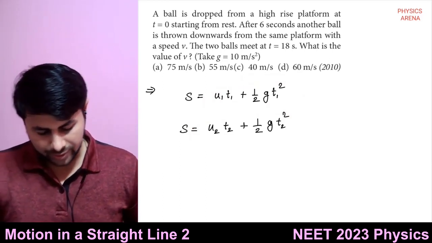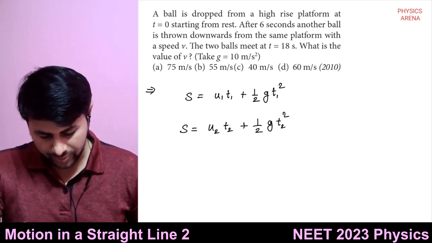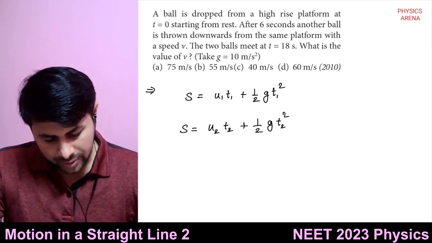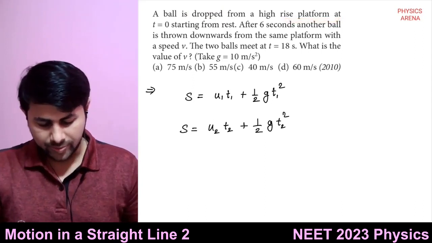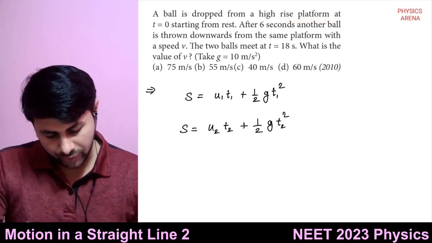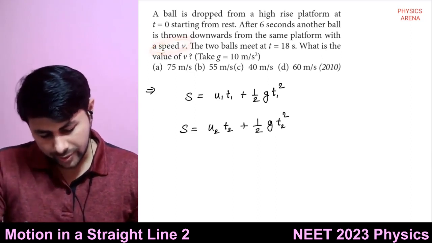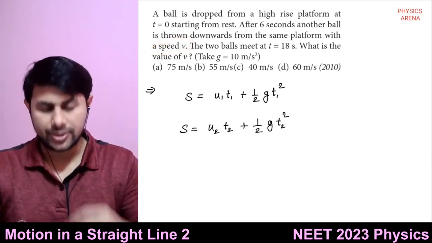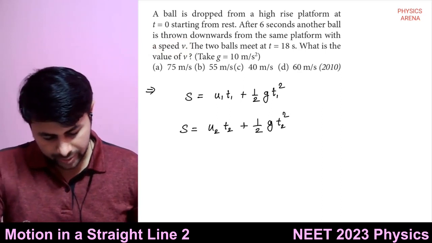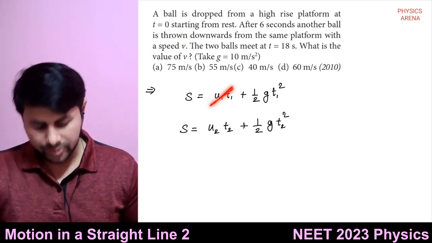The first ball is just dropped, it has no initial velocity, and the second ball is thrown with speed v. So u1 is equal to 0.